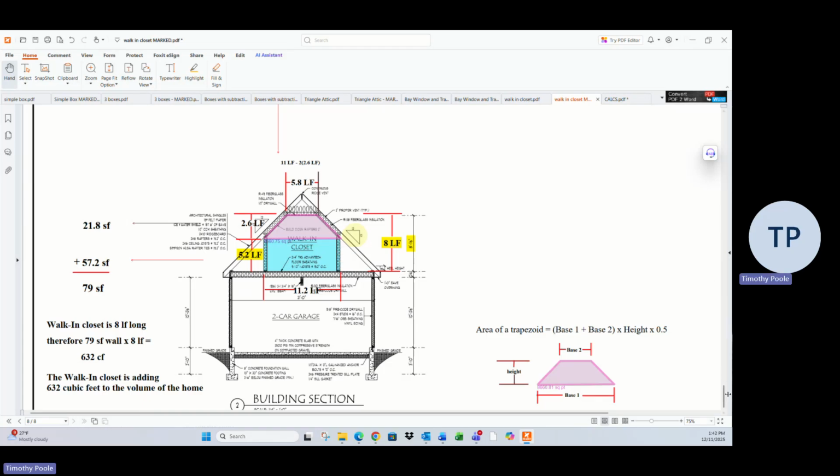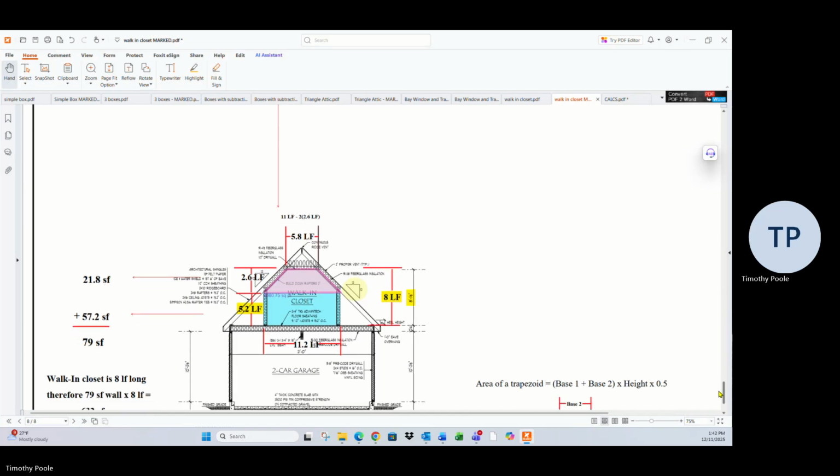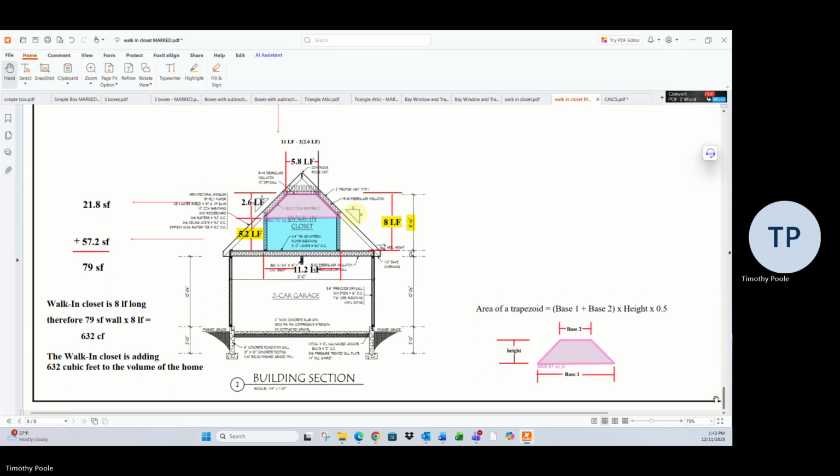And if you noticed above, the walk-in closet is actually 8 linear feet long. Therefore, the 79 square foot wall, which is represented by the rectangle plus the trapezoid, multiplied by 8 linear feet, means that the walk-in closet is 632 cubic feet. That is 632 cubic feet of volume, which will be added to the rest of the house.